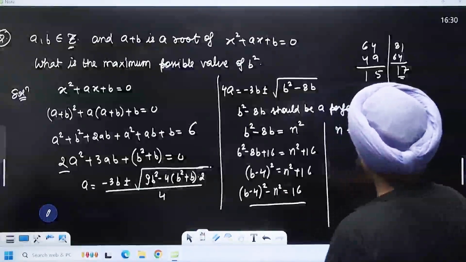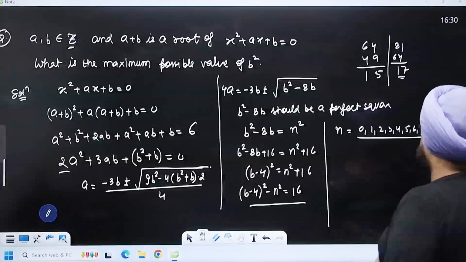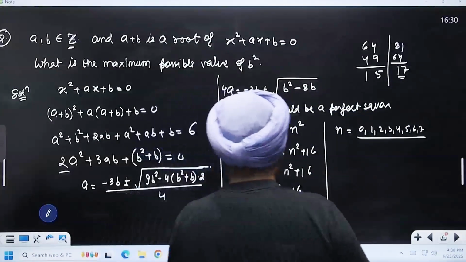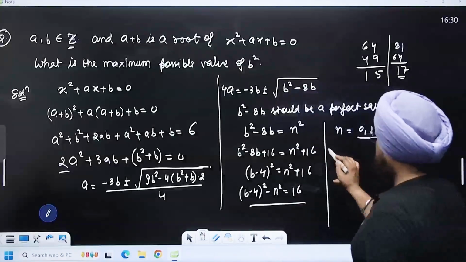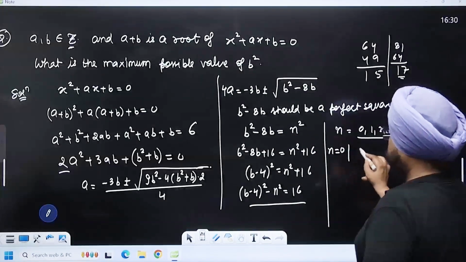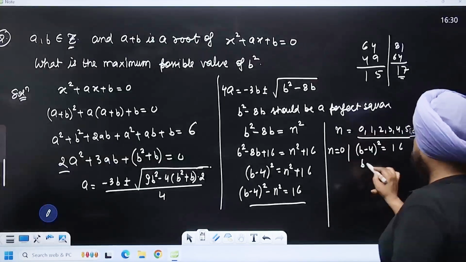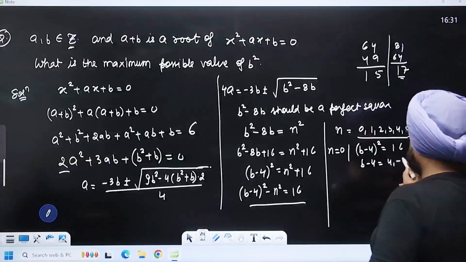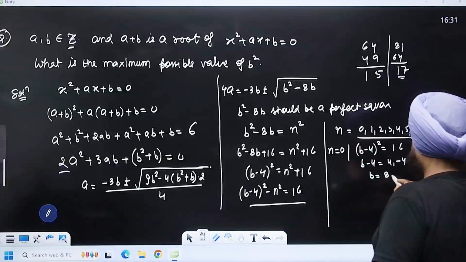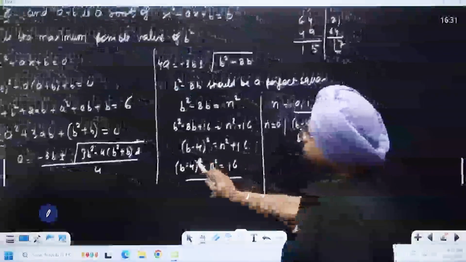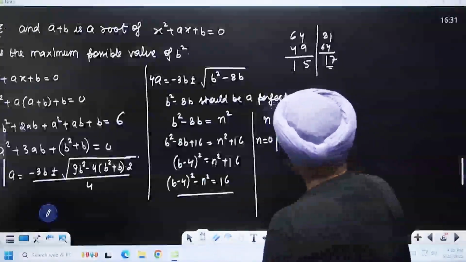We only need to check for these values whether b minus 4 is a perfect square or not. Let's say for n is equal to 0, b minus 4 squared is 16, b minus 4 is plus minus 4, b is either 8 or 0.